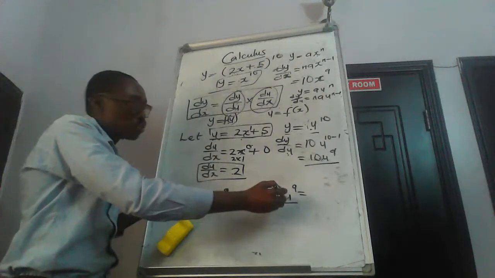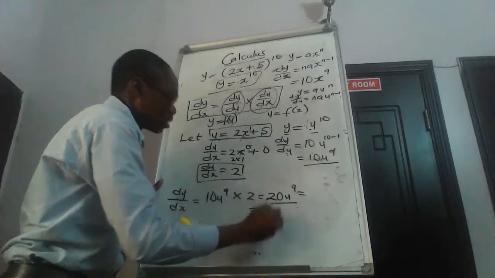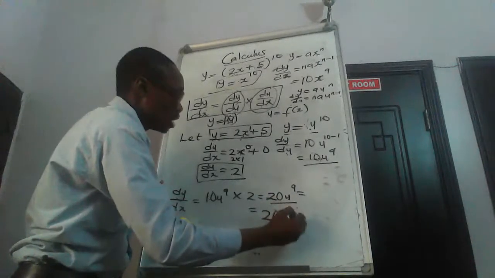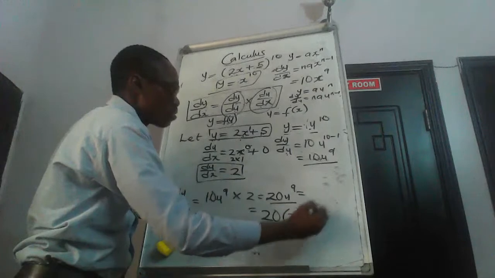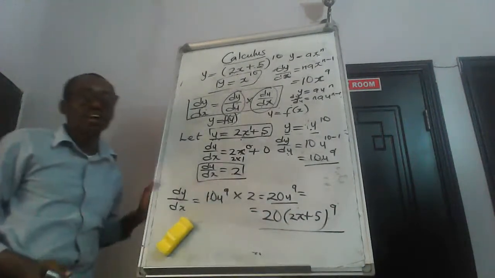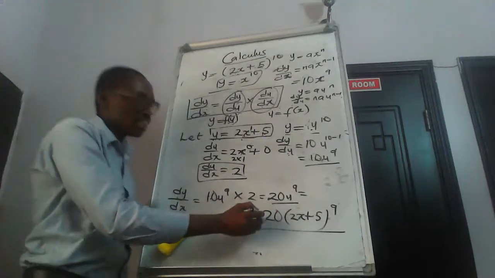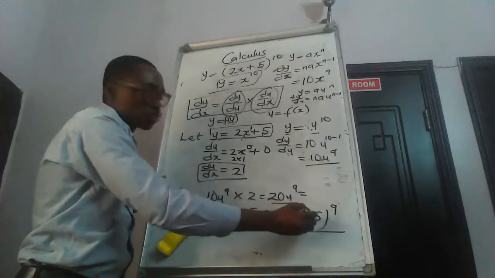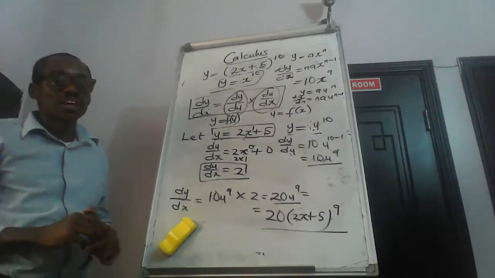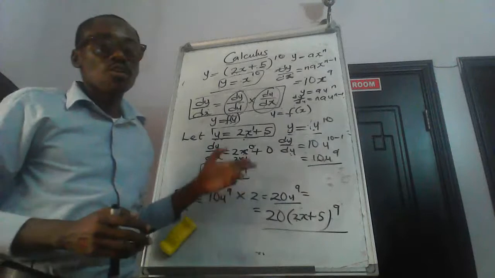So you have 20, and in place of u, you put your bracket, 2x plus 5, bracket close, raised to power 9. So this is your final answer. dy/dx is equal to 20 into bracket 2x plus 5 raised to power 9. This is actually your final solution.